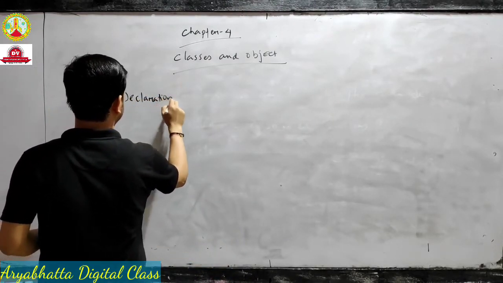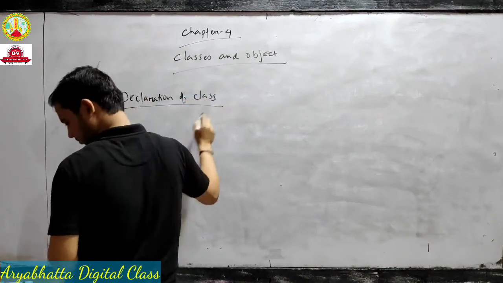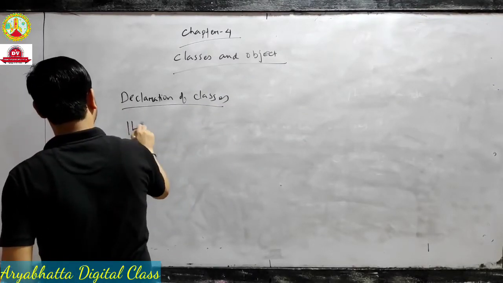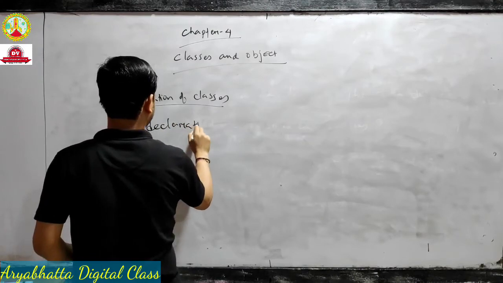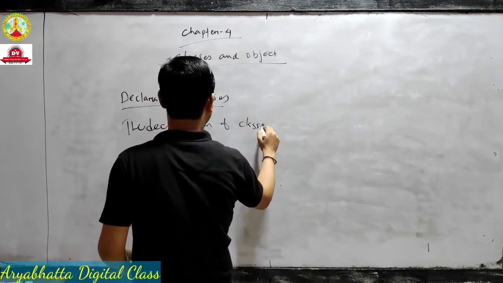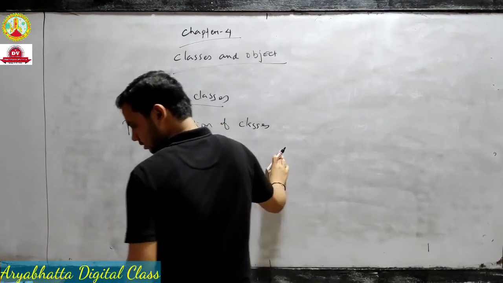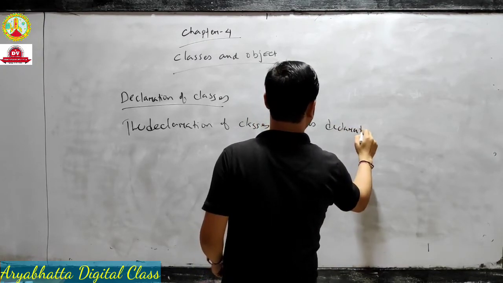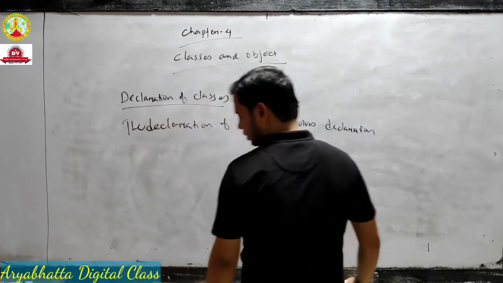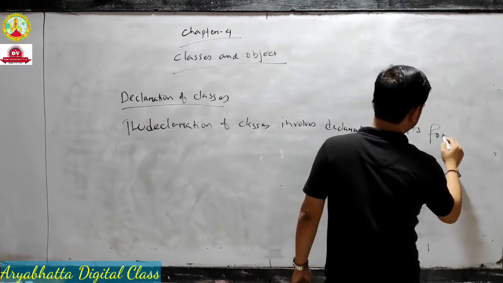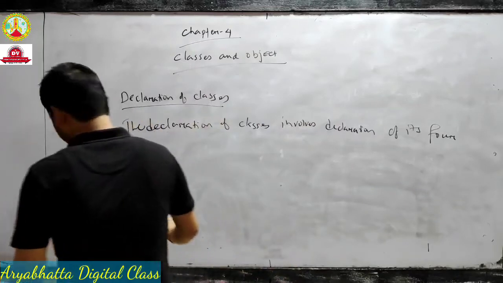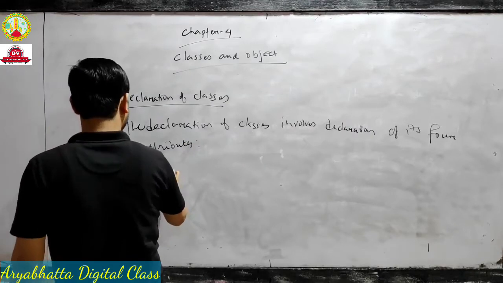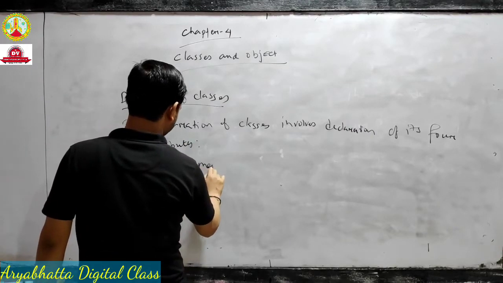Declaration of class. Okay, the declaration of a class involves the declaration of its four attributes. Number one is data member.